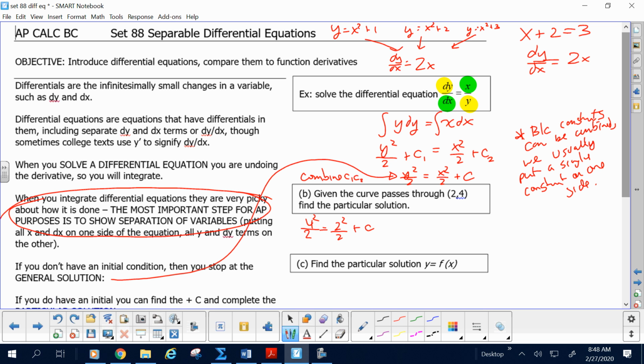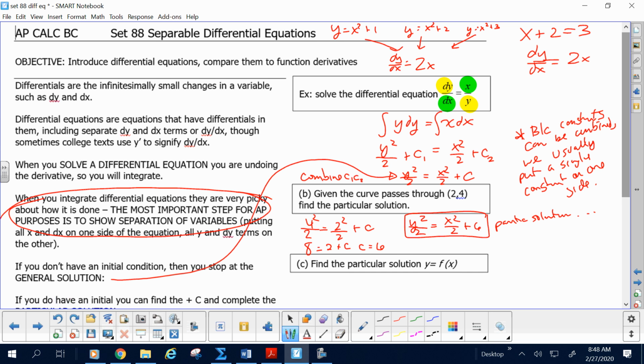If I do that, I get 8 equals 2 plus c, so c is 6. That implies that y squared over 2 equals x squared over 2 plus 6. That's the particular solution. You follow me? Is this going okay?